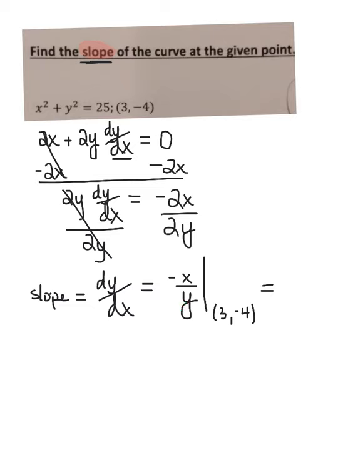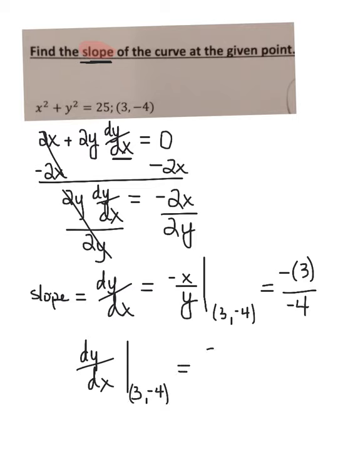And then that's it. The x already has a negative in front of it, and then the x value is 3. Y is negative 4. So last step: my dy dx, when I evaluate it at 3 comma negative 4, is 3 over 4.